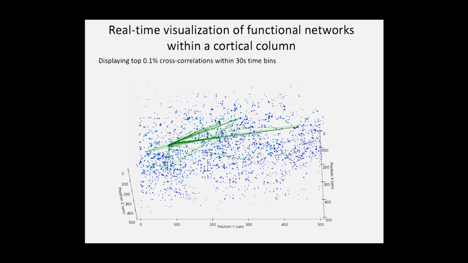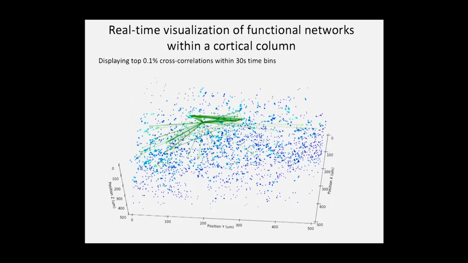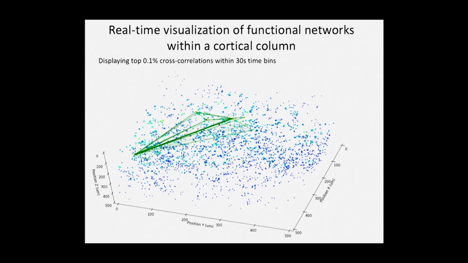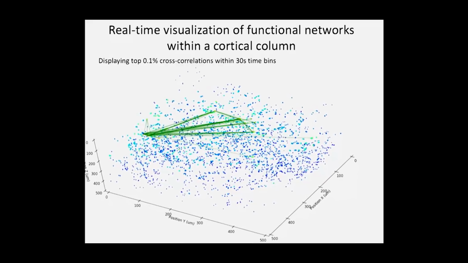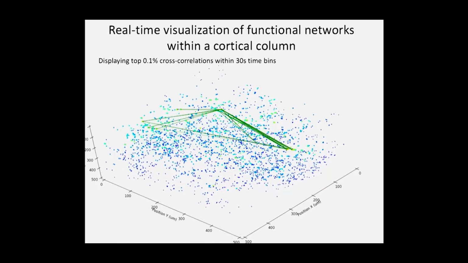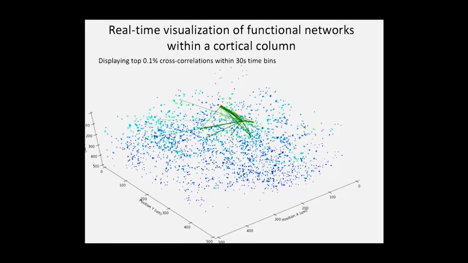One of the things we are now collaborating with other labs on is trying to understand how the cortex performs computation. We know that computation arises from complicated interactions between different layers of cortical neurons, but how exactly that is done is not very clear. To show you what we can observe with some simple data analysis, this is looking at the top 0.1% cross correlations within a given time window.